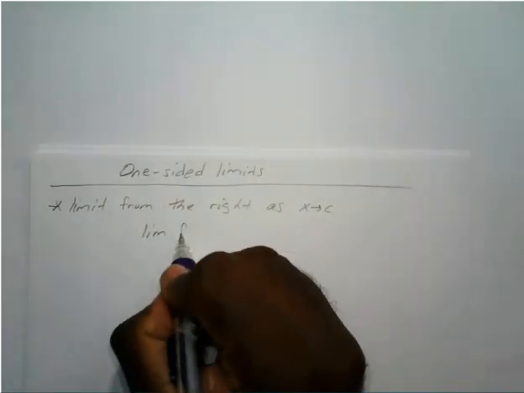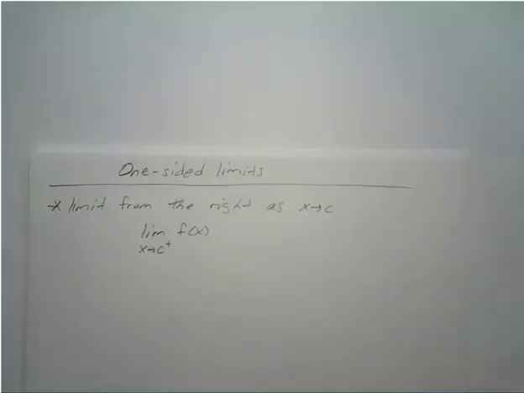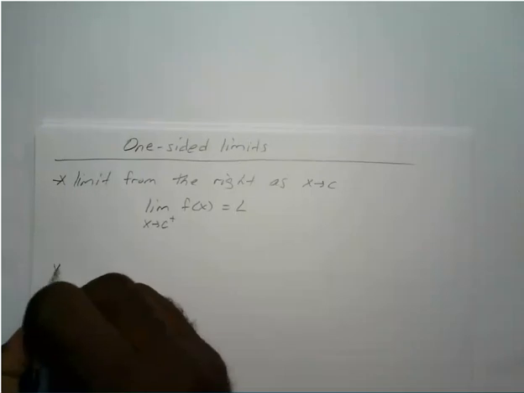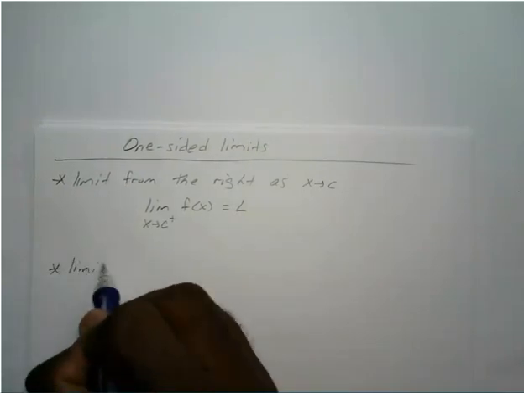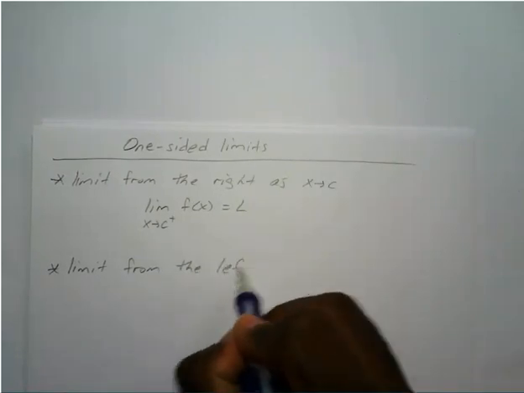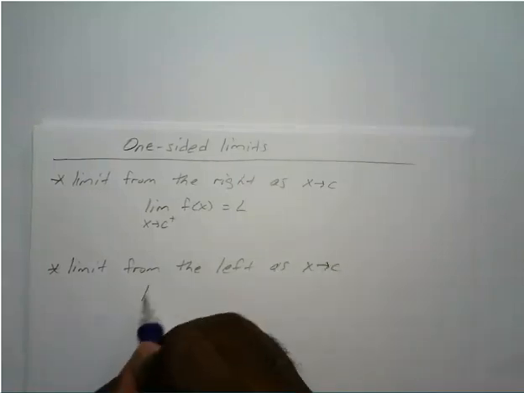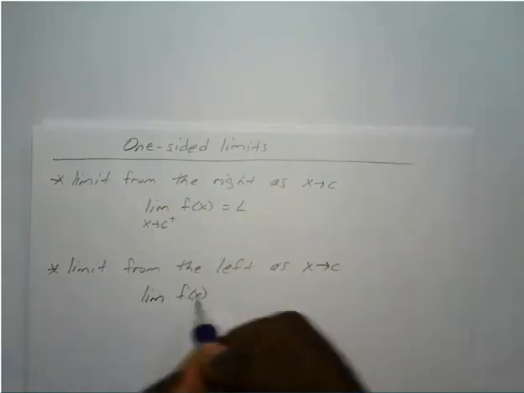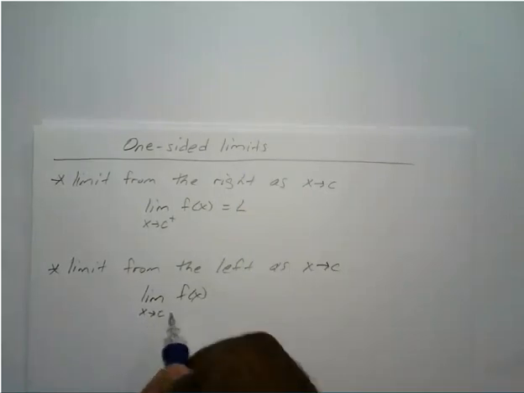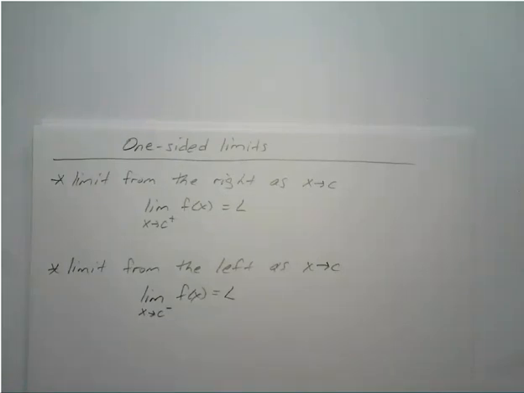That's the limit of f of x as x approaches c from the right, which will equal some value that we'll call L. And you have the limit from the left as x approaches c. That's just the limit of f of x as x approaches c from the left, which equals some limit value that we will call L.